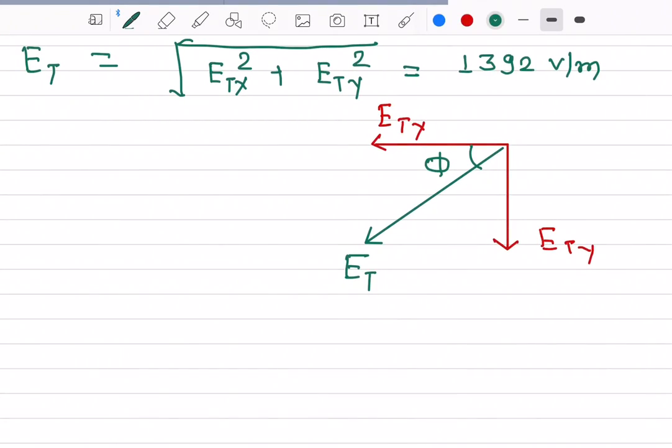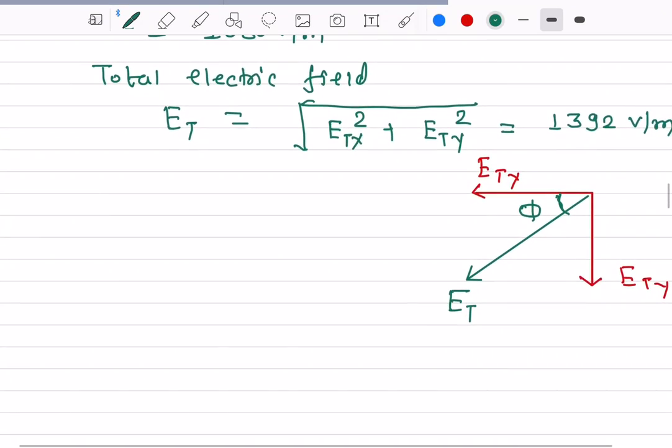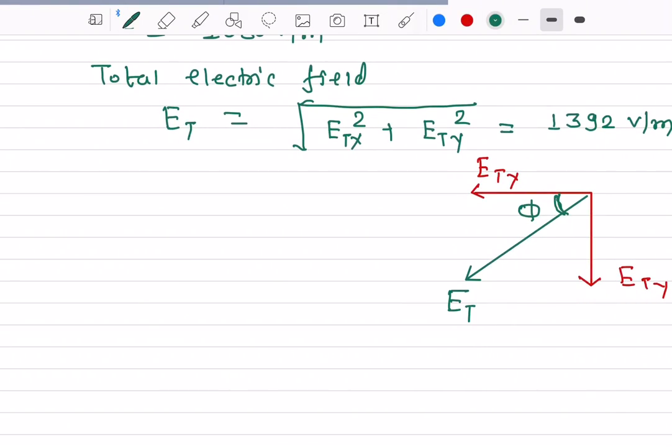And this angle we can call phi. Remember, this theta and phi are different angles. Phi is the angle of the total electric field with respect to the x-axis. So the phi gives you the direction of the total electric field from the x-axis.